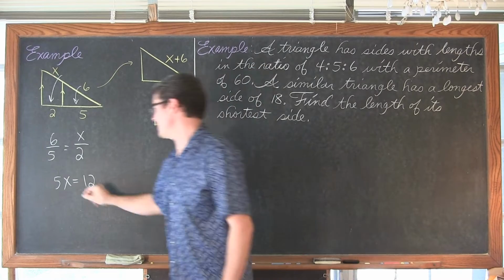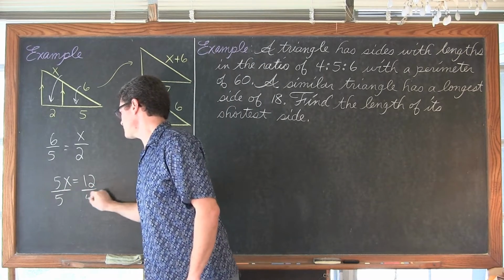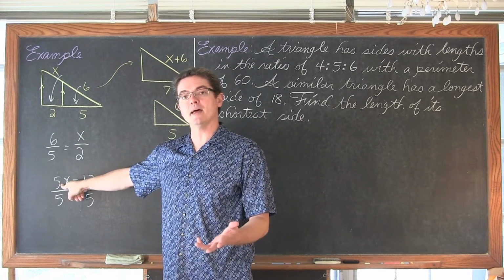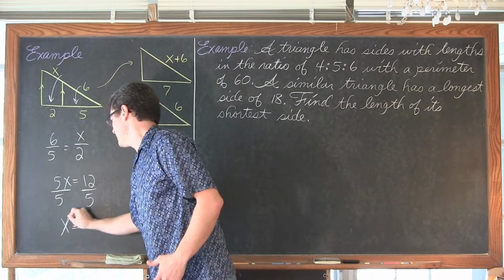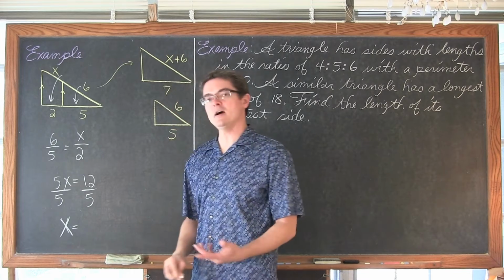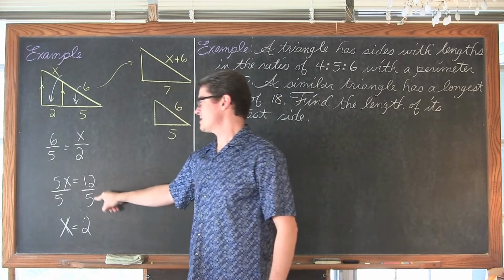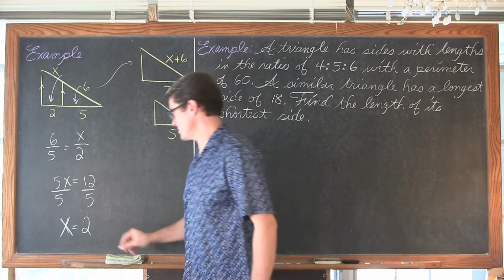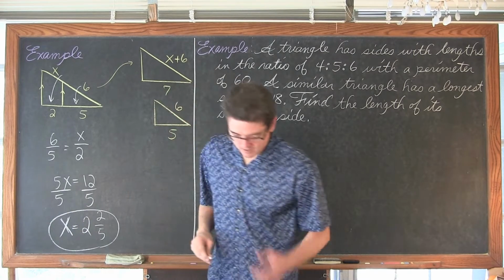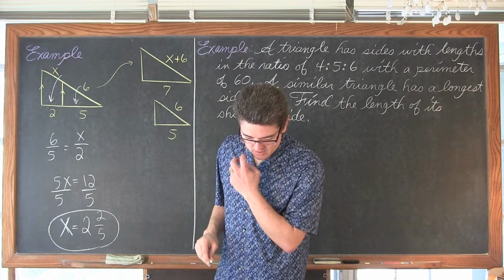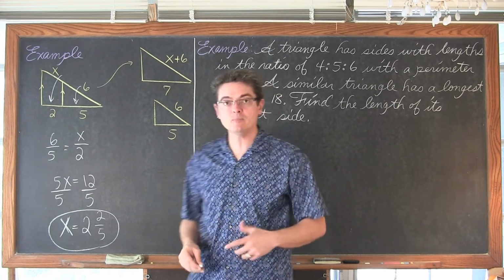We're going to divide both sides by 5 to undo that math operation of multiplication, and we get x is equal to, let's see here, 2 times 5 is 10. Take 10 out of 12, and that leaves you with the remainder of 2. So it's 2 2/5. Let me just check my own work here, and we're good to go.